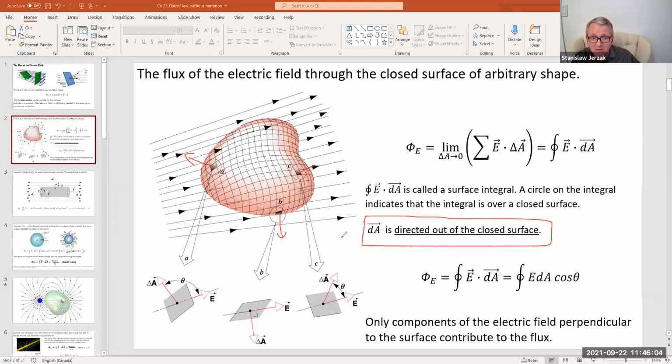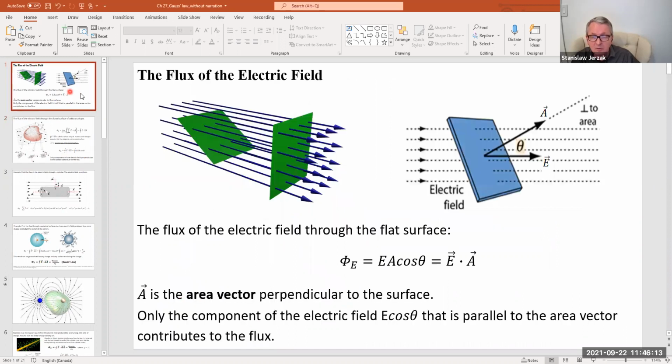To explain this slightly better, I'm going to return to the previous slide, where I probably explained that a little bit too fast. So on that slide, imagine that we have the flat surface in the electric field. Dotted lines are the electric field. If the area vector makes a certain angle with the electric field, right? That angle is here theta.